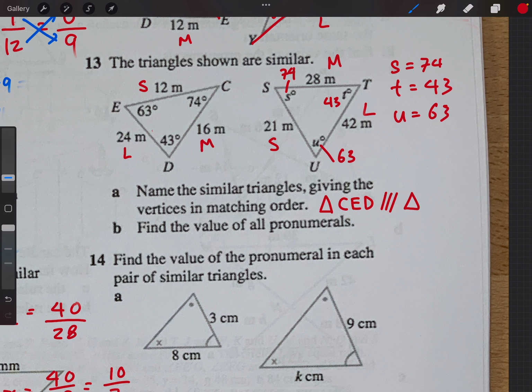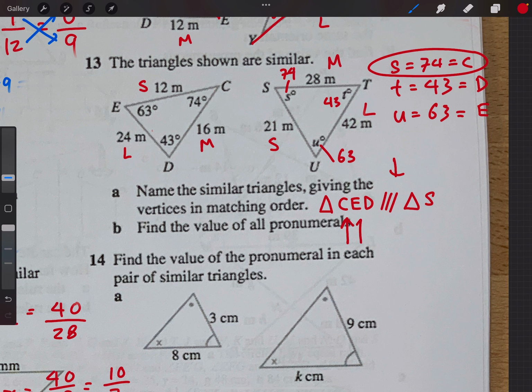So to write the expression, we're going to go CED. So S is equal to 74. That would be your C as well. 43 is equal to your D, and U, and 63 is equal to E. So when we start with C, that's going to equal S, because they're both equal to 74.